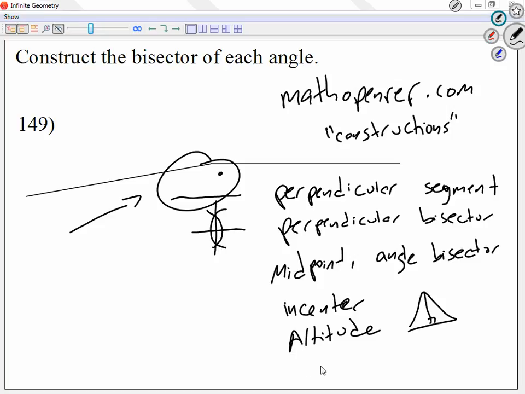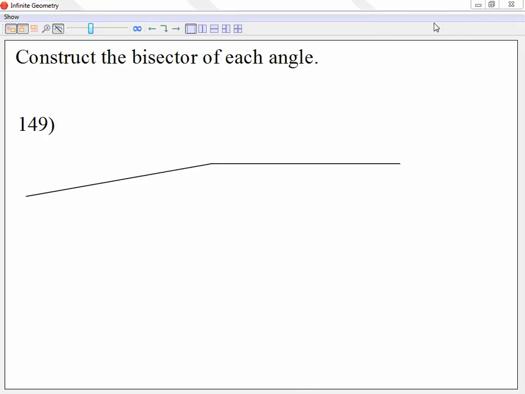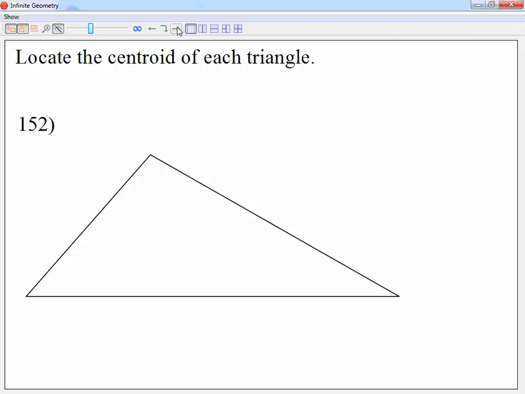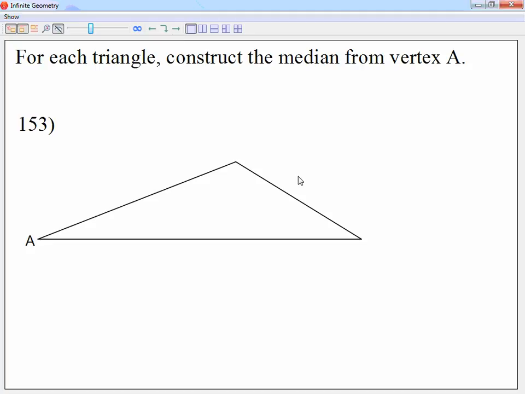Make sure you guys know how to do median and centroid, which are questions that I have here. And I'm going to show you guys how to do those right now. But for median, let me skip to 153 first. For the median, from angle A, I will find on the opposite side the midpoint.